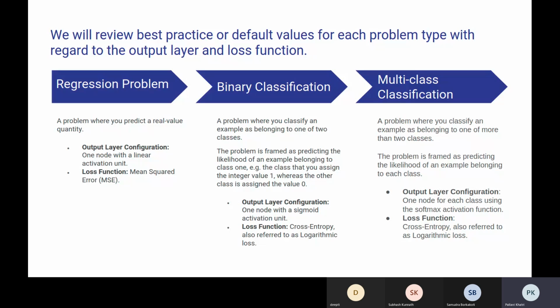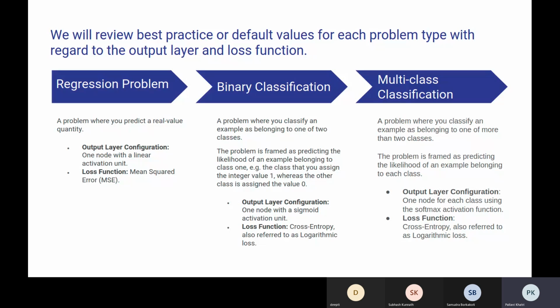So in multi-class classification, the output layer configuration will be one node for each class using a softmax activation function, and the loss function will be cross entropy, which is also referred to as logarithmic loss.